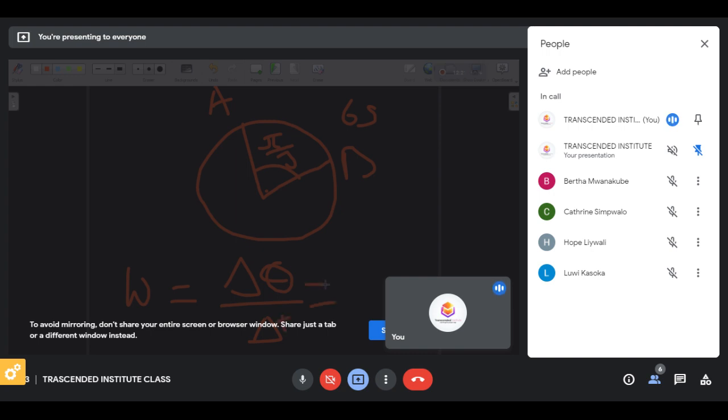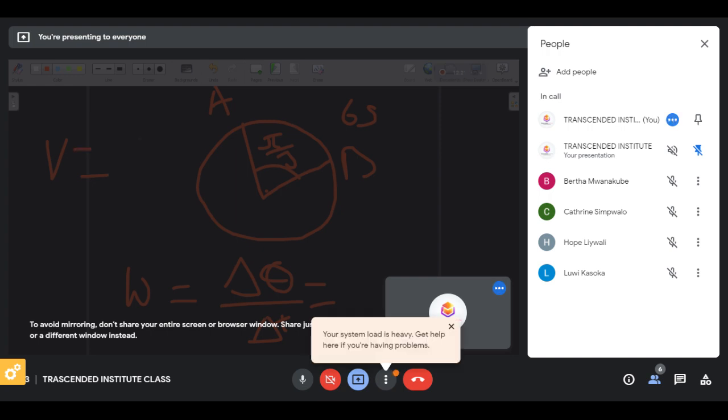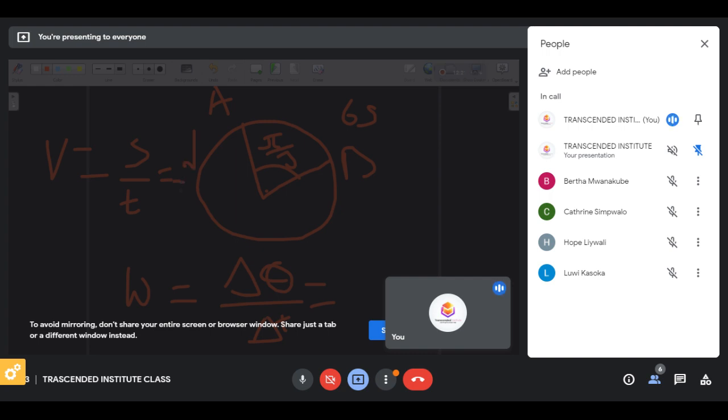Okay? So just like we know in translational motion, velocity is displacement over time or distance over time if you want to. So even here we are going to use the displacement or the distance. Here it's called angular displacement and we refer to theta divided by the time. So it covered pi over 3 divided by 6.